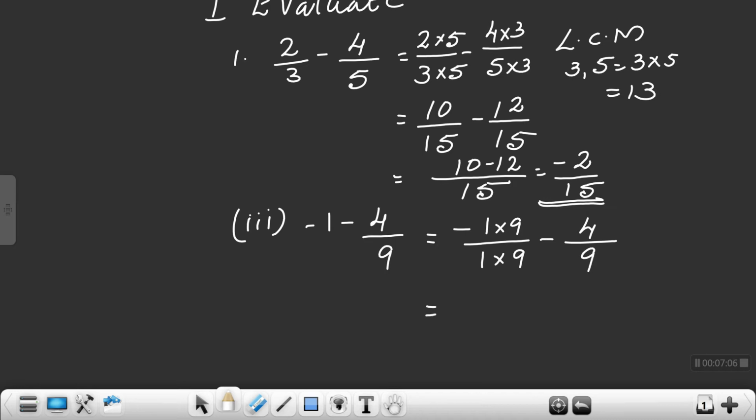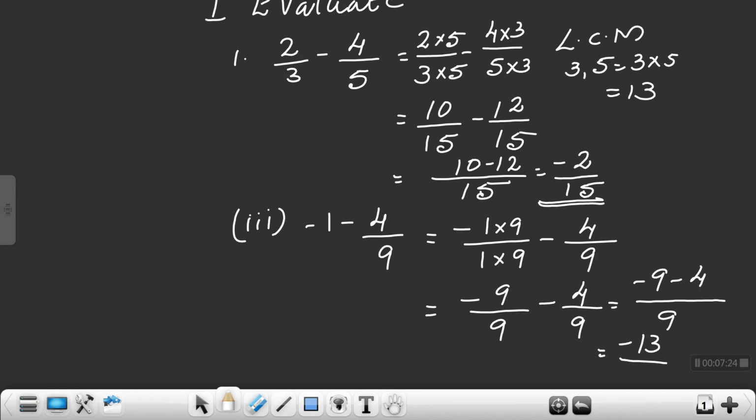The second rational number has no change. So negative 9 by 9 minus 4 by 9. Common denominator 9, negative 9 minus 4, negative 13 by 9.